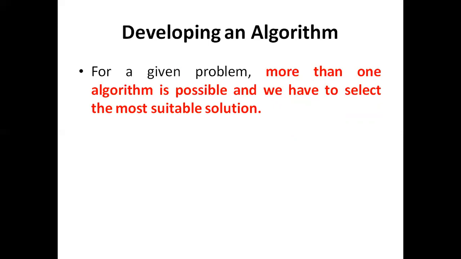Some people are going to write the logic in the form of bubble sort logic, some insertion sort logic, some selection sort logic. Some problems are going to have multiple solutions. For a given problem more than one algorithm is possible.